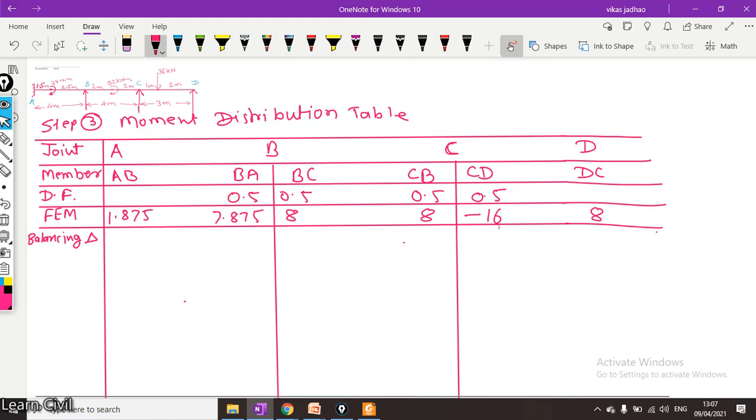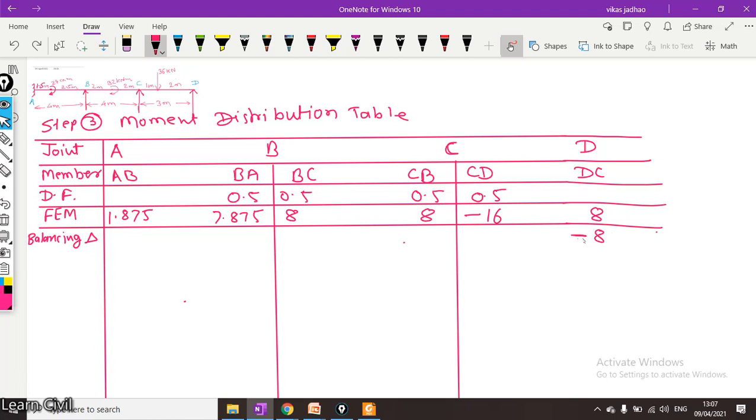For balancing this hinge, we apply a balancing moment of minus 8 kilonewton meter here. Why are we applying a minus 8 kilonewton meter balancing moment? Because this end is a simple support, and at a simple support the final end moment must always be 0, because it won't be resisting any moment. Therefore we apply a balancing moment of minus 8 kilonewton meter here.